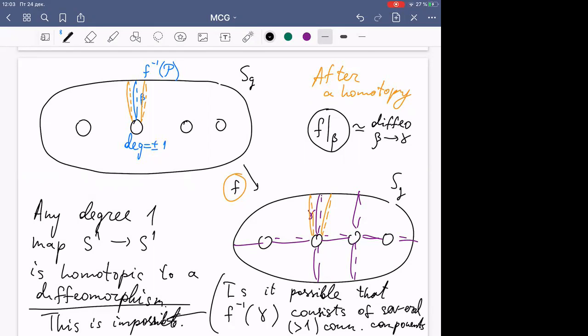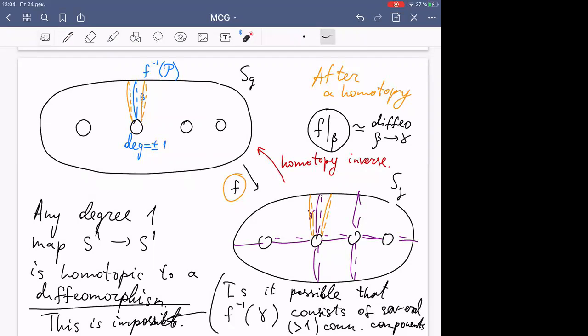Well, first of all, look once more. I would like to recall that we have a homotopy inverse. And a simple closed curve, since we have no base point, its homotopy class corresponds not to an element of the fundamental group, but to a conjugacy class of the fundamental group.